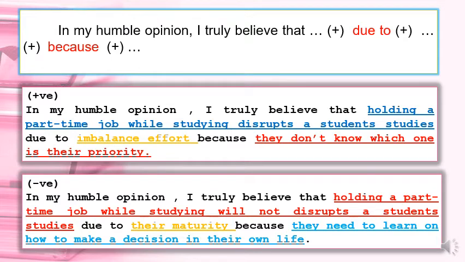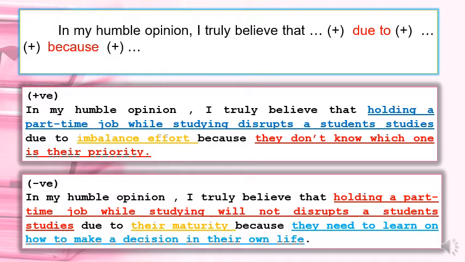Okay, now we proceed with the second example. If you are against the statement or you did not agree with the statement, the negative one over here. Alright, we start. In my humble opinion, I truly believe that holding a part-time job while studying will not, remember, I hope you see the difference.